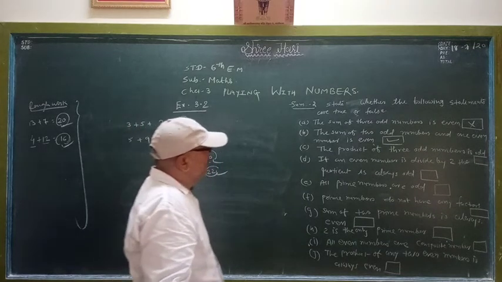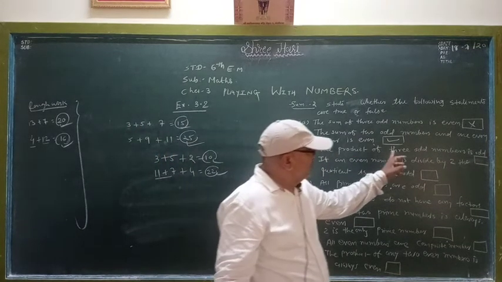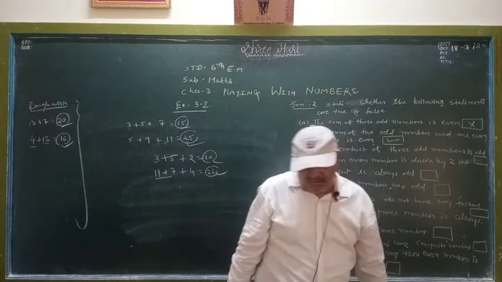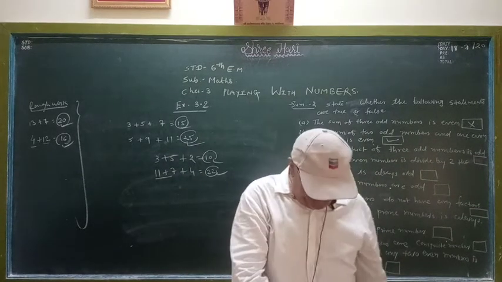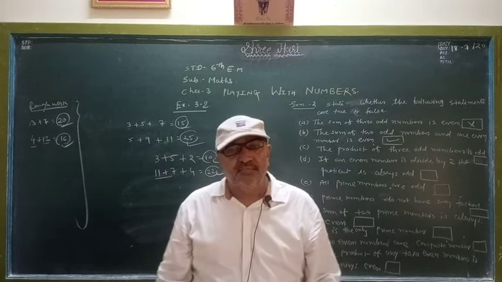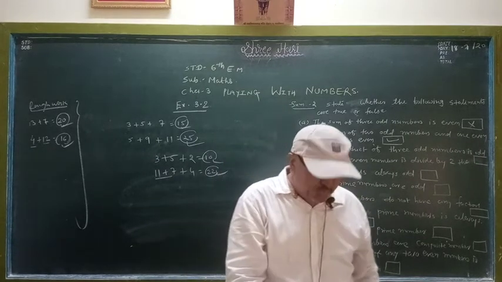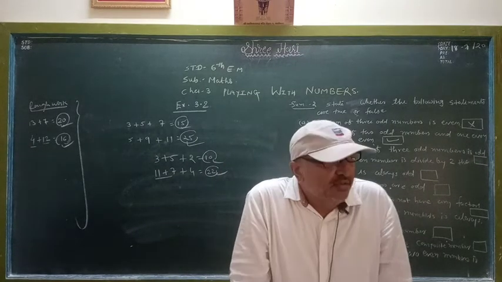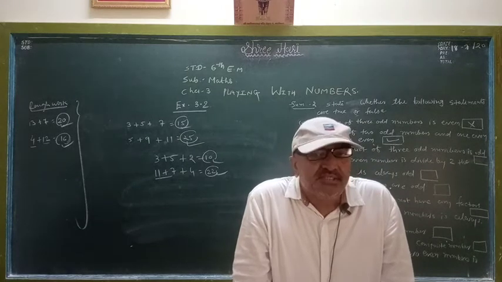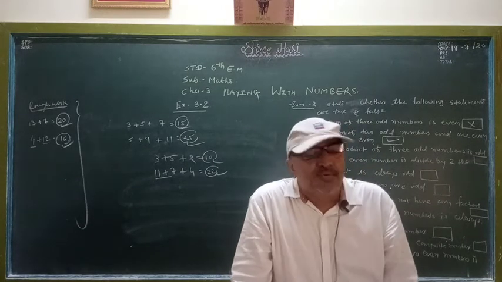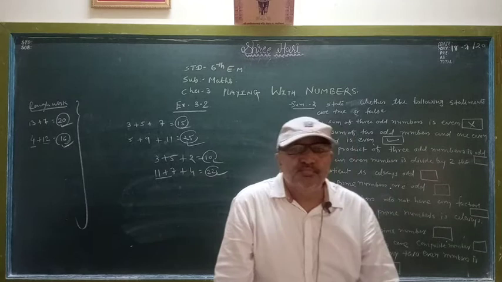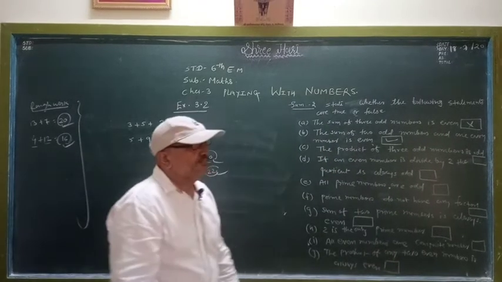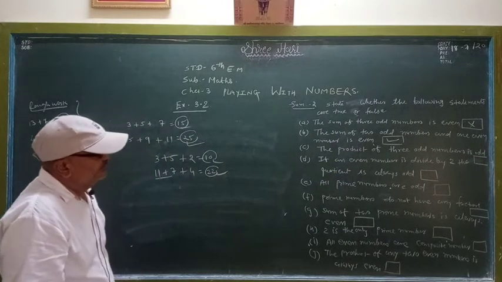Now, the product of three odd numbers is odd. Product means multiplication, multiply. 2 times 3, I will get 6. So 6 is the product of 2 and 3. Product means multiplication.